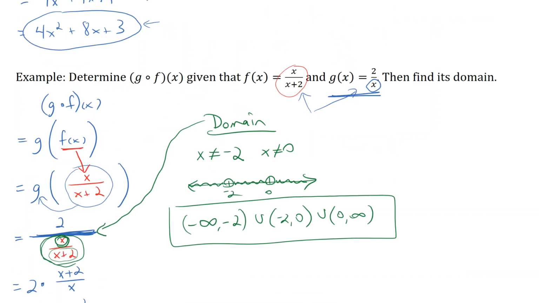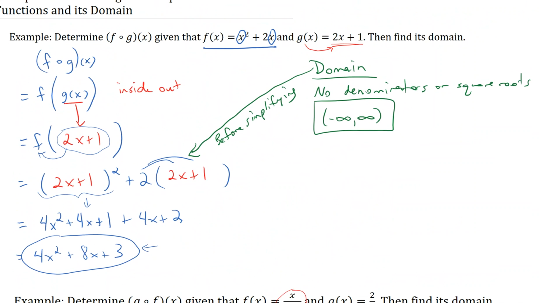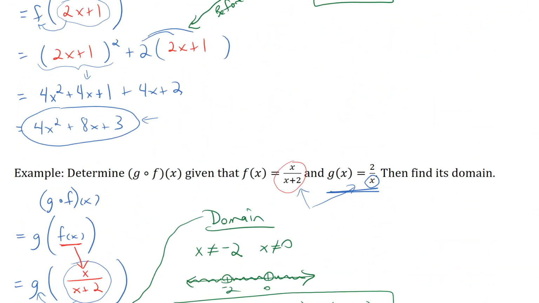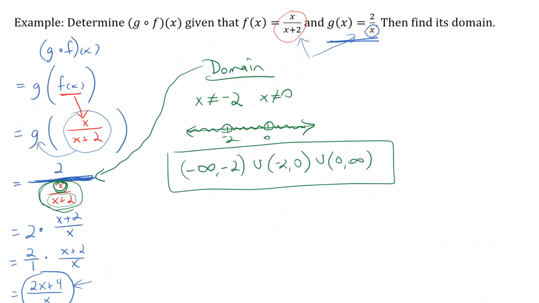And so the first example we did was with polynomials, same concept as the second example we did with rational functions. The basic algebra skills are kind of what dominate the work in these problems though. So I hope that all makes sense, especially the domain portion, which can be tricky.